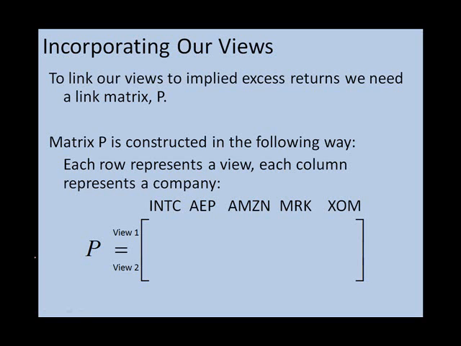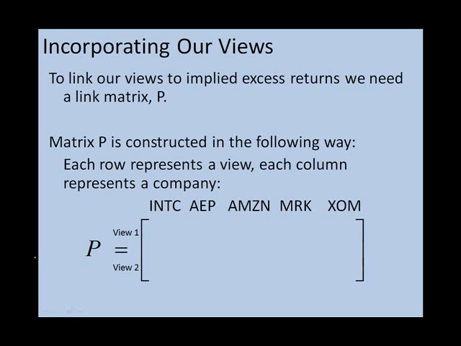There are 2 rules about how we calculate the elements of the view matrix. First of all, relative views must sum up to 0. So the elements for each view must add up to 0 across the 5 stocks.